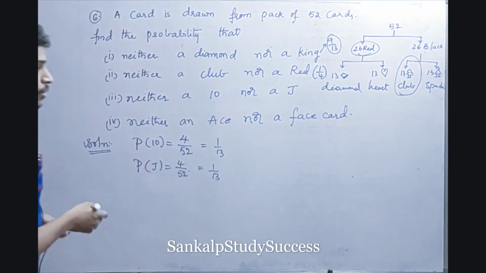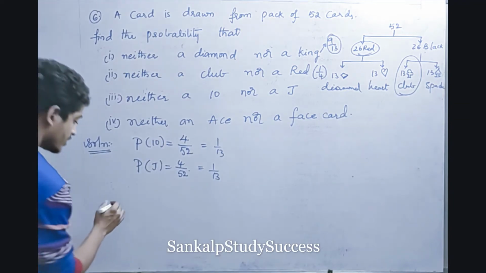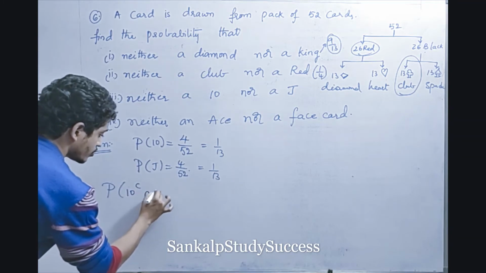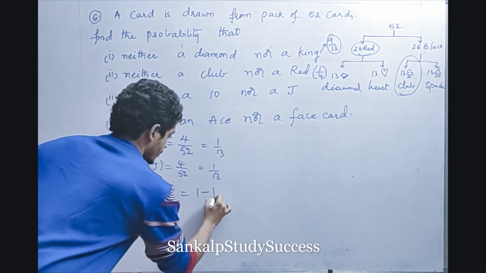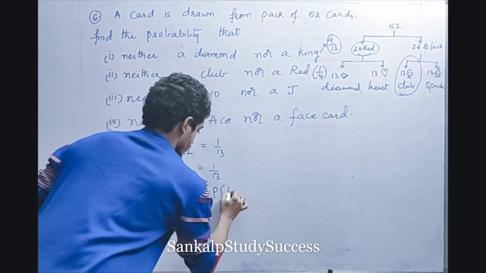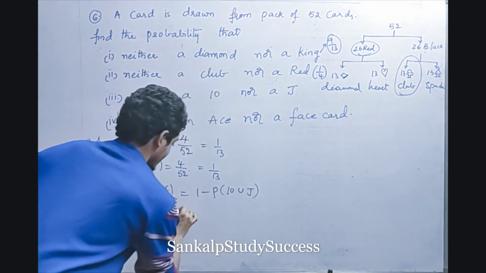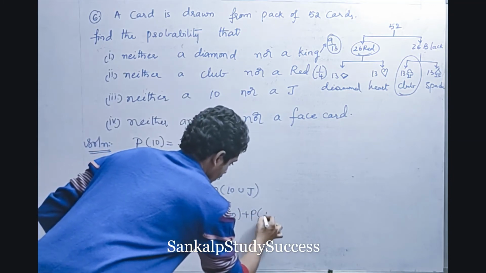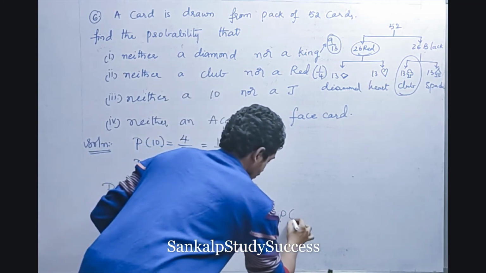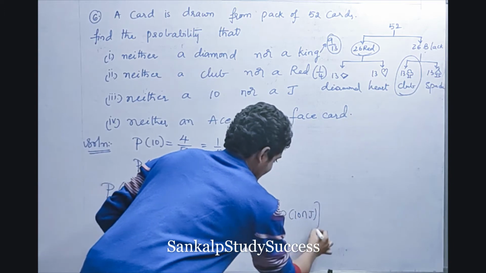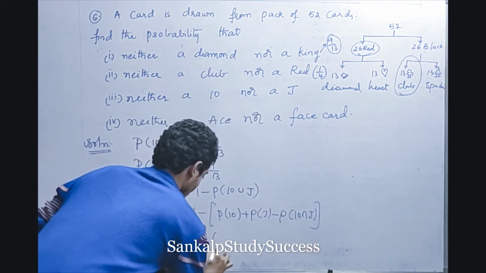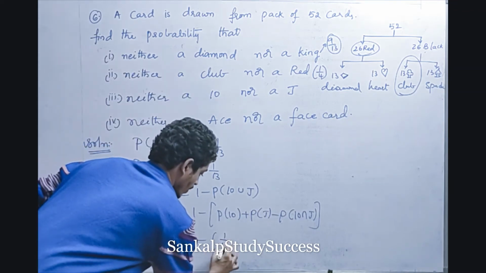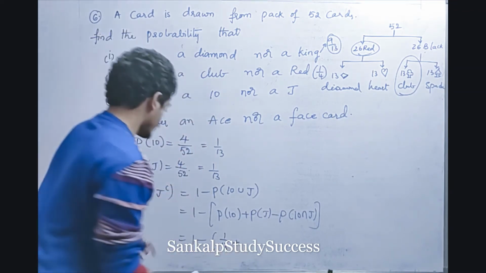Yes. So neither a 10 nor a j in the sense probability of 10 complement intersection j complement. So that is nothing but 1 minus P of 10 union j. 1 minus P of 10 plus P of j minus P of 10 intersection j. Okay, so now 1 by 13 plus P of j is 1 by 13.